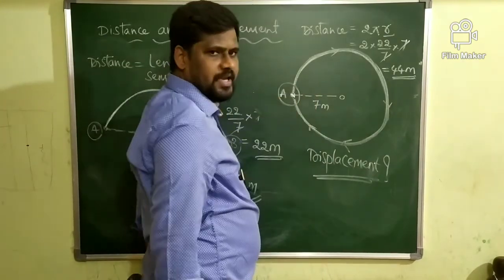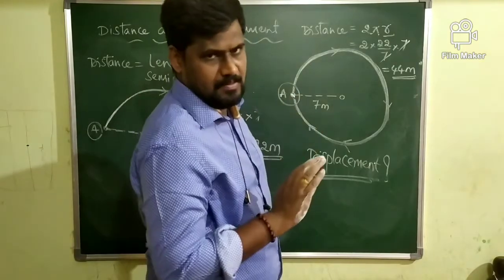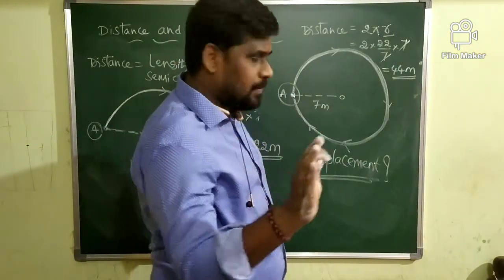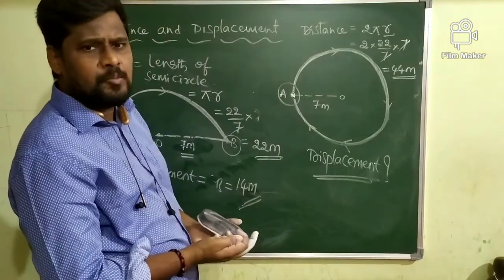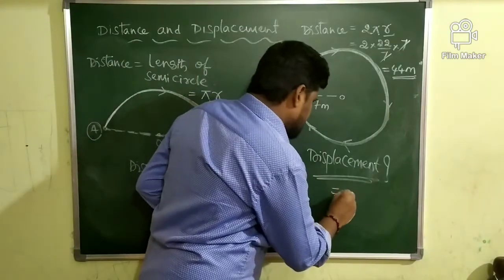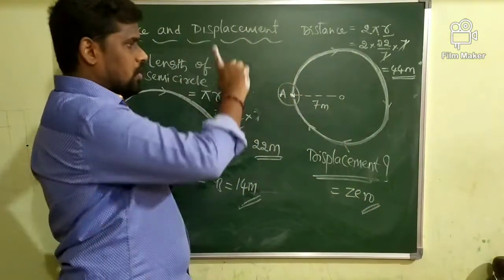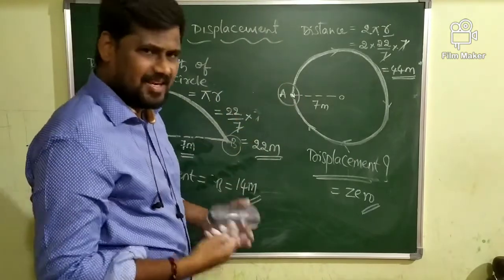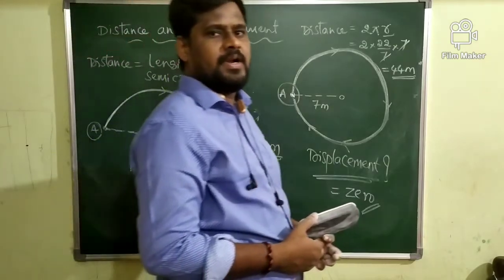The final point is also A. If the initial point and final point are the same, then the distance between them is 0. Therefore, displacement is 0.